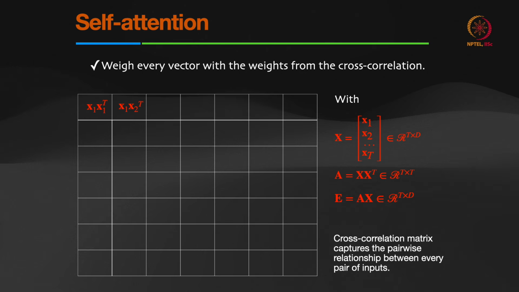So here you would have x1, x3 transpose. This is going to tell us how much of x3 has to be added to the next embedding at time instance 1 to cover for the subsequent embedding. So weigh every vector, that is what the first line here says: weigh every vector with weights derived from the cross correlation.